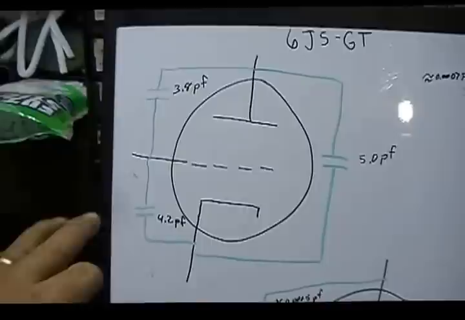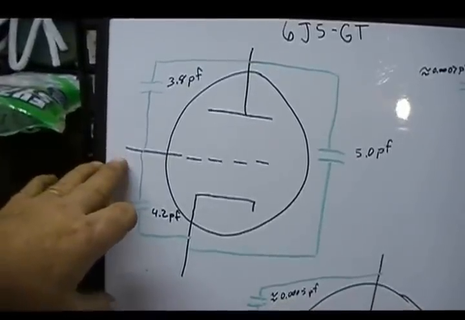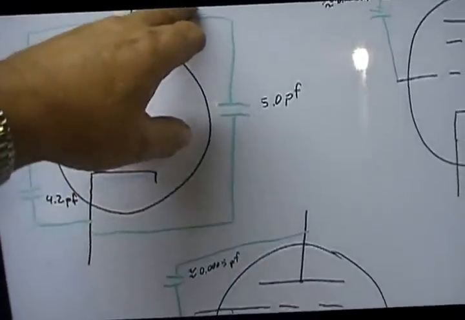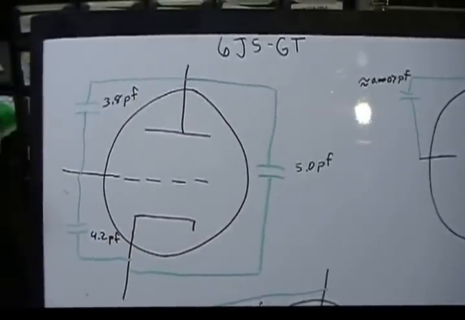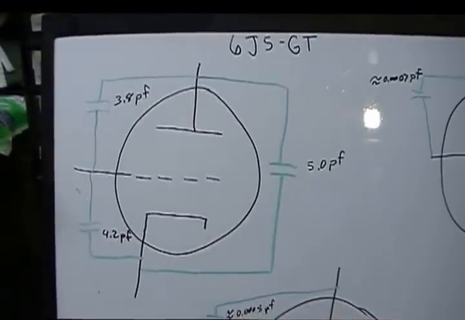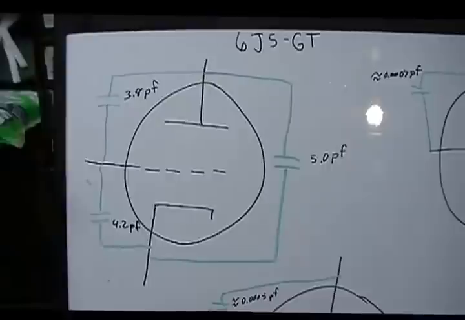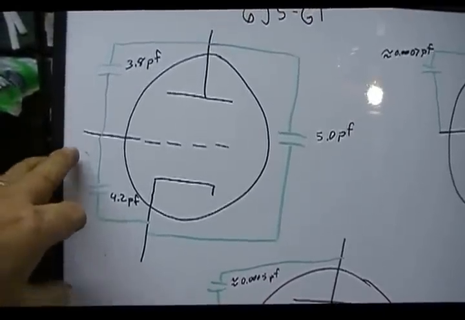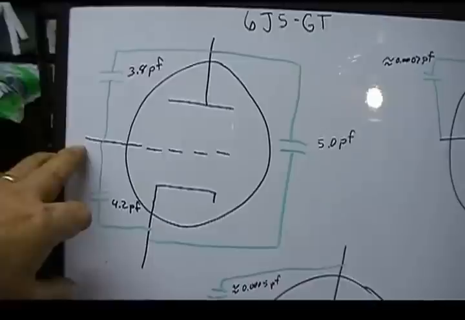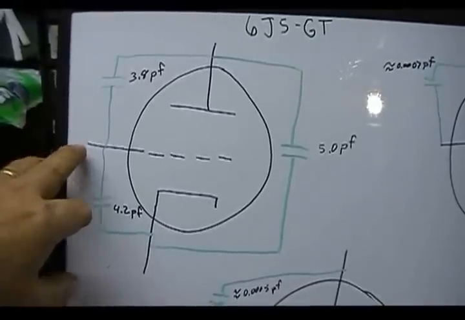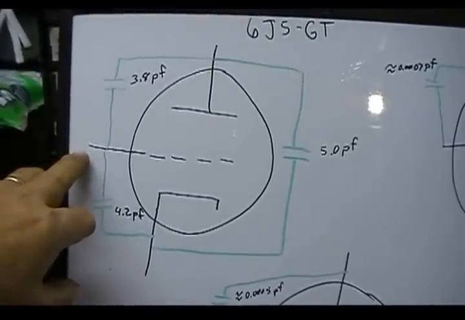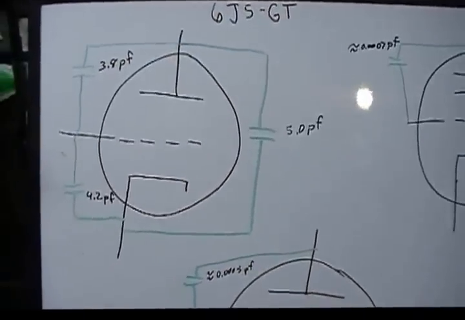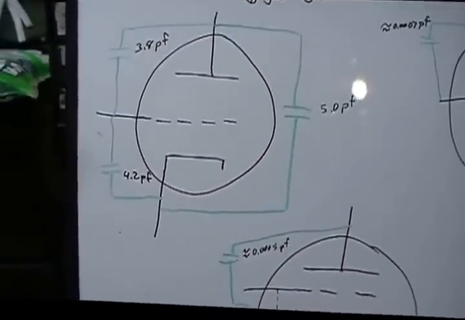Basically what we're looking at is when I put an input voltage in here, I'll get a certain level of output. Well, different tubes may have different outputs for the same input. A high sensitivity tube, one that's really sensitive, will need a much smaller input to get the same output as a tube with low sensitivity.